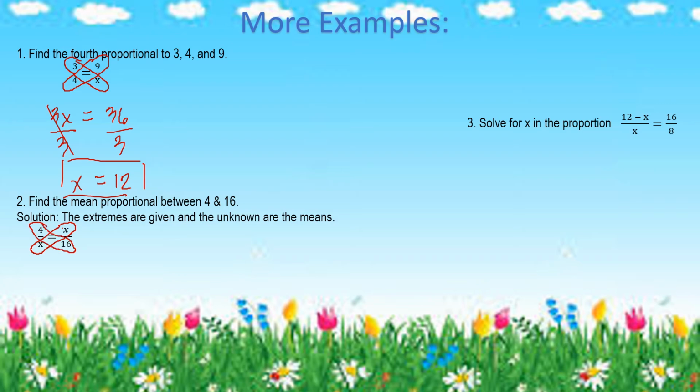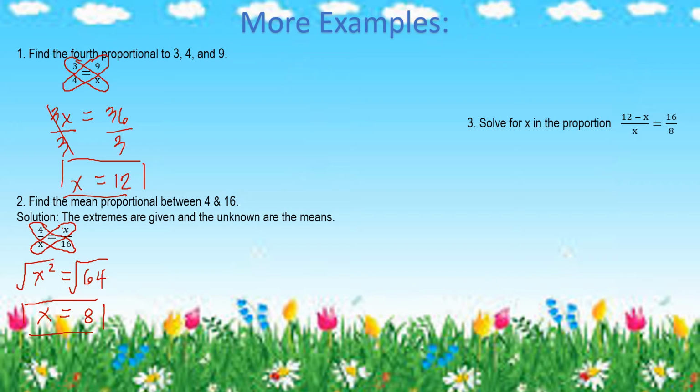we have x times x, x squared, equal to 4 times 16, 64. To solve for x, we extract the square root. Square root of x squared is x, and the square root of 64 is 8.